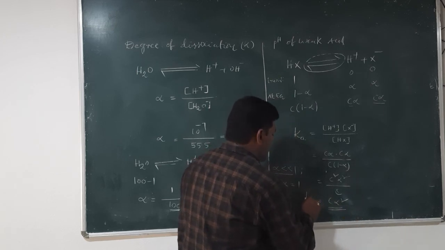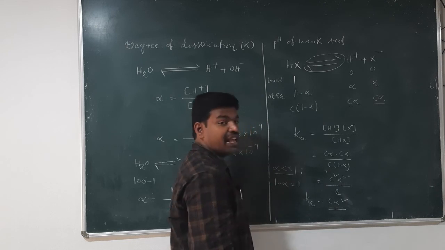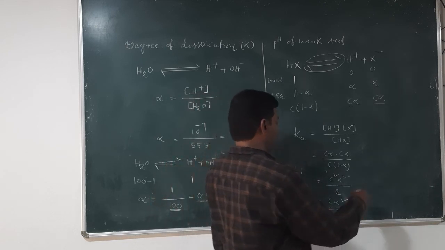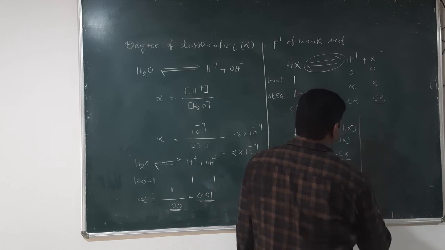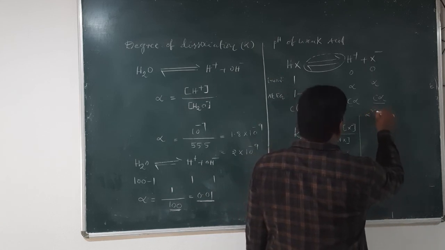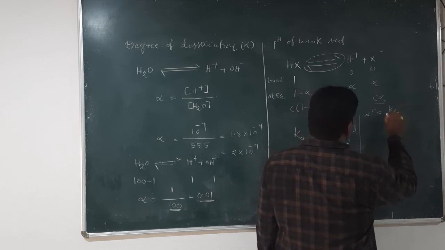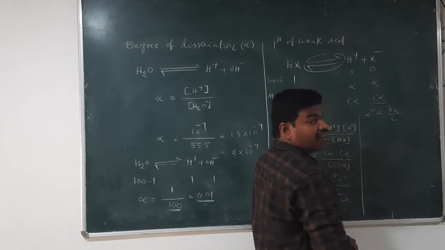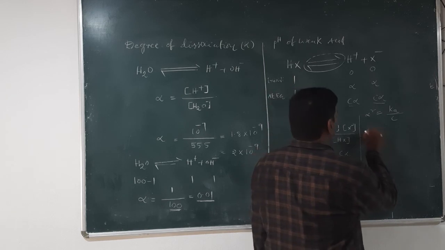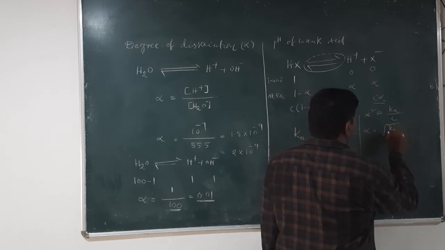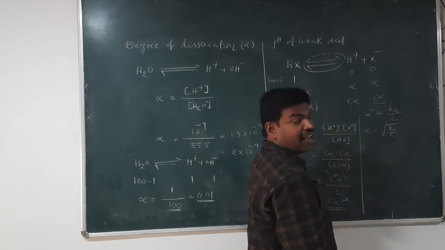So the acid dissociation constant Ka is equal to C alpha square. From this we can write alpha square is equal to Ka by C, and alpha is equal to root Ka by C.